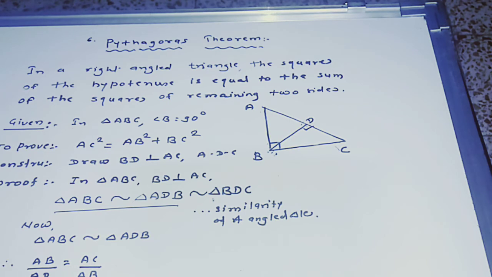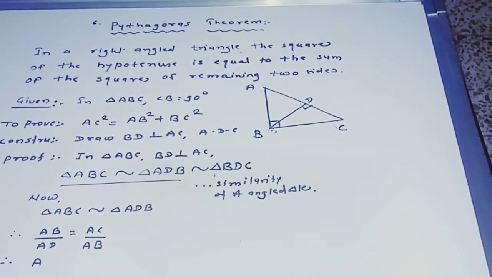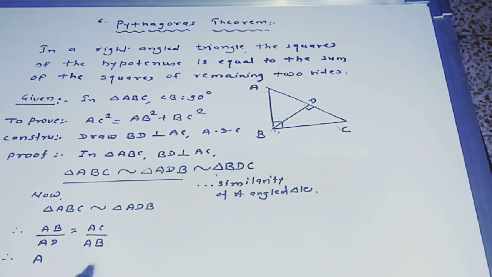Therefore cross multiplying, AB square is equal to AD into AC. This is our first.